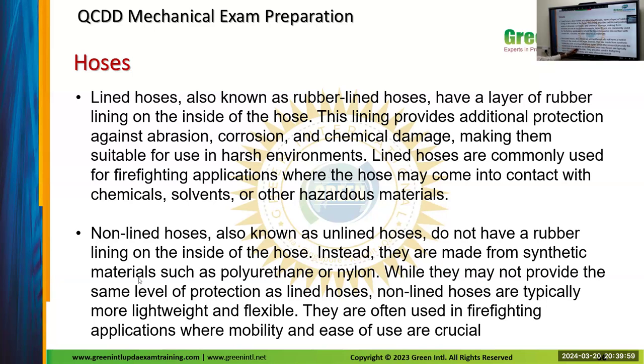Non-lined hoses are often used for mobility, but they may not provide the same level of protection as lined hoses. Non-lined hoses are typically more lightweight and flexible, but they will not be protected. If there are any scratches, possible damage will be there. Here we are mostly using lined hoses.